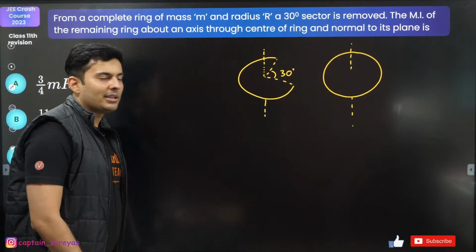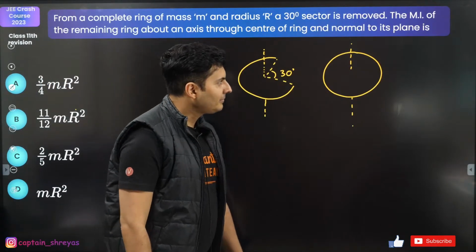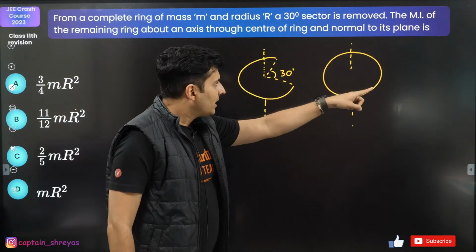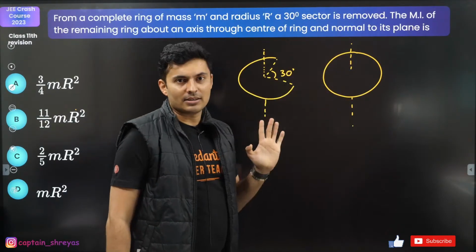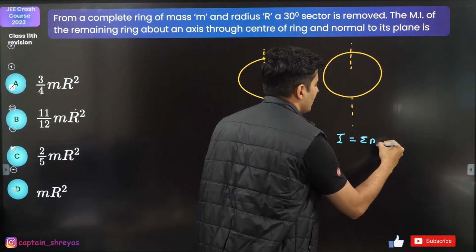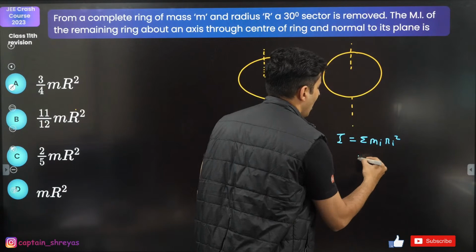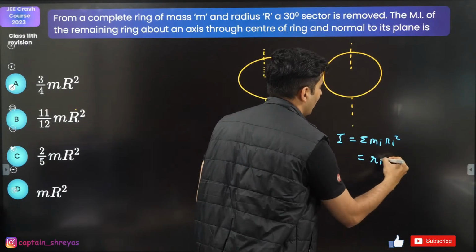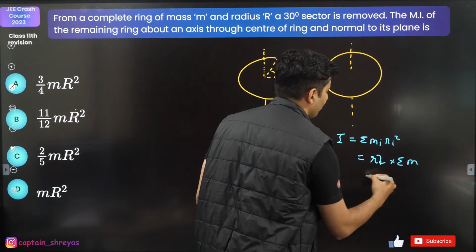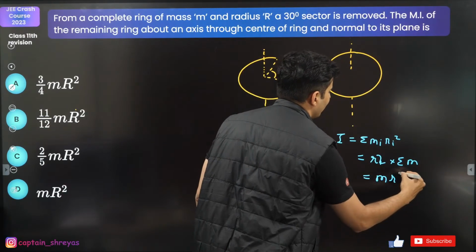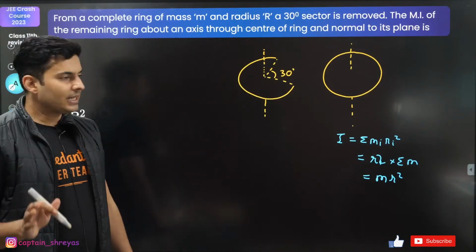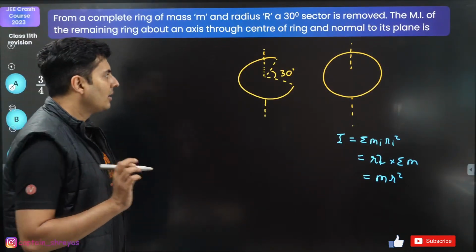See, I'll tell you one simple thing. If you take a ring, all the masses are equidistant. So when you find moment of inertia, it was summation mi ri square. R was same. So basically it was r square into sigma m. So that's why it comes out to be mr square. R was same for everything. So basically it just comes out to be mr square.